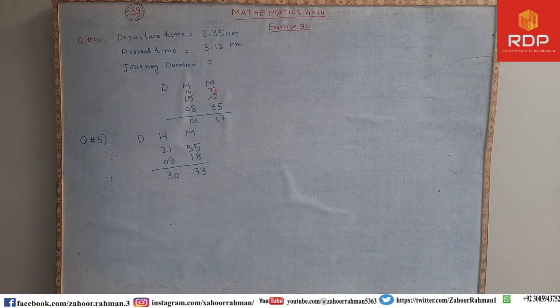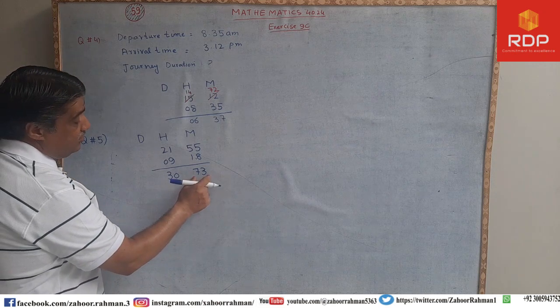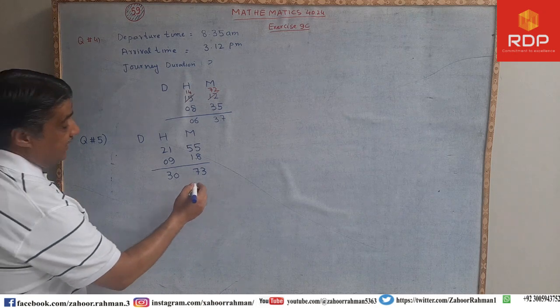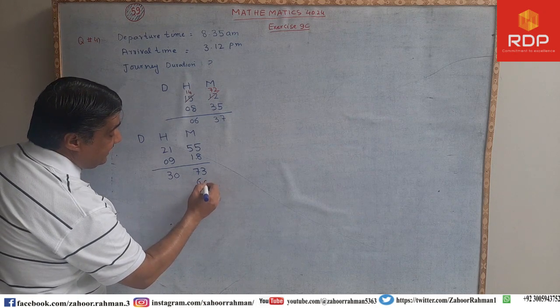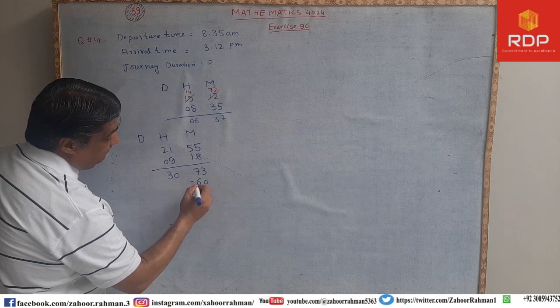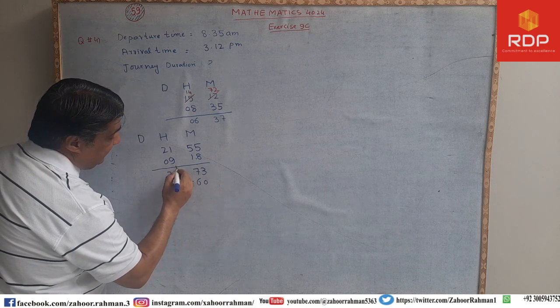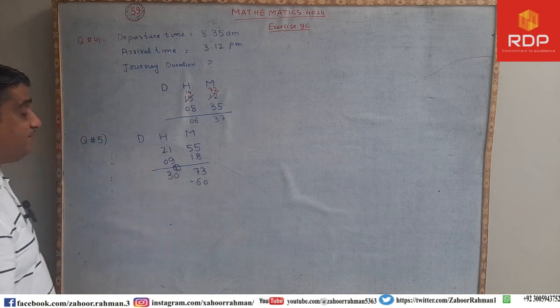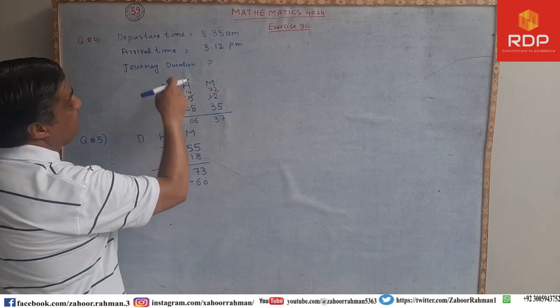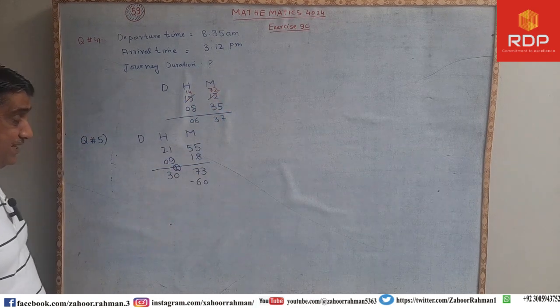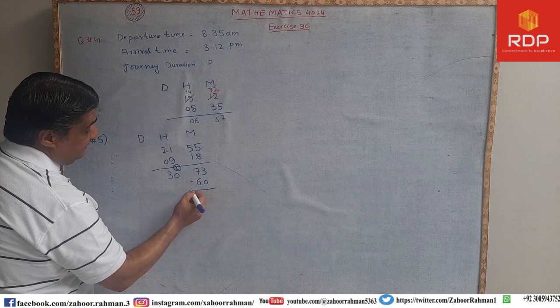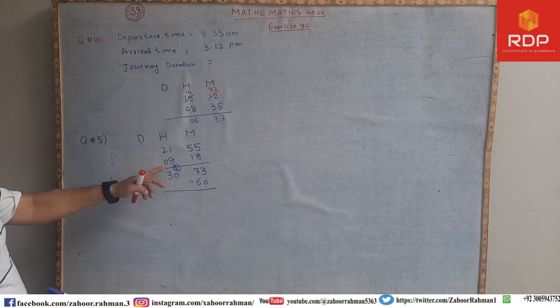Now, because 73 minutes are not there, we have to subtract 60 from it, and we will give 1 hour. This 60 minutes will become 1 hour.